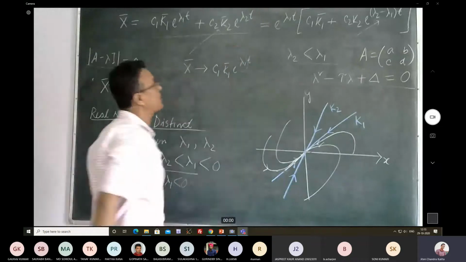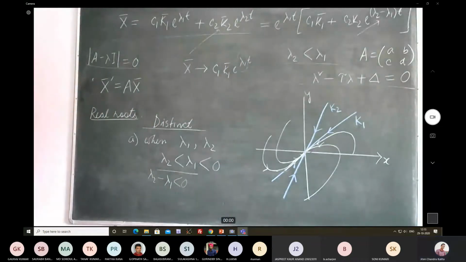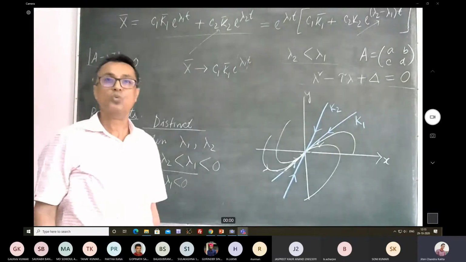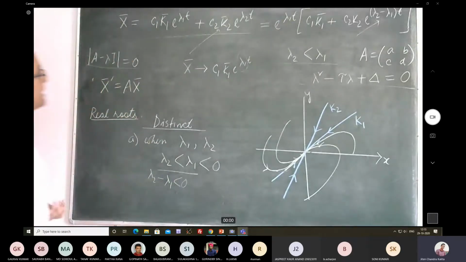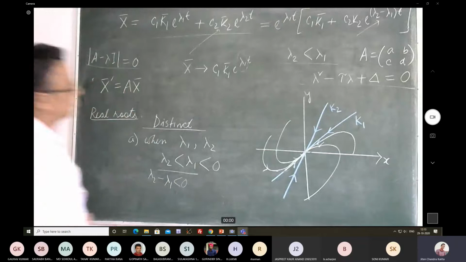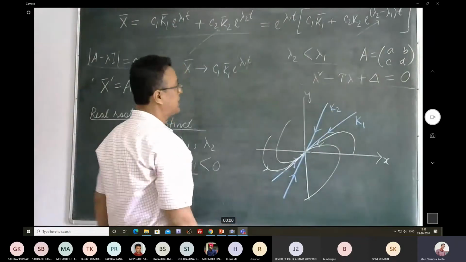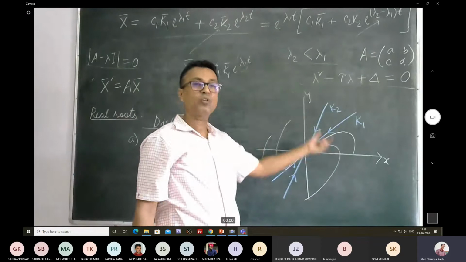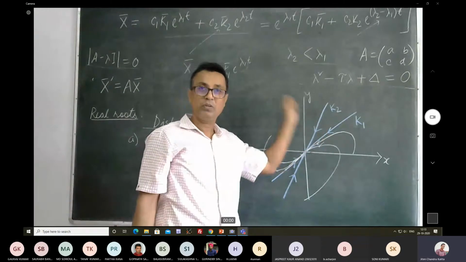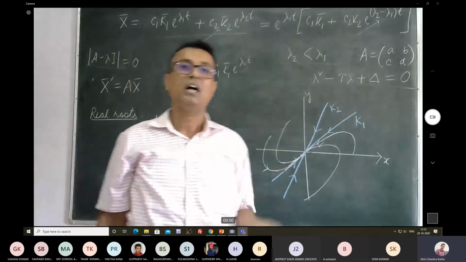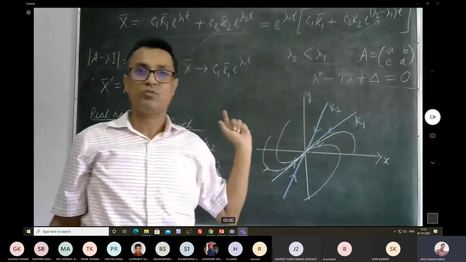So this bigger eigenvalue is going to dominate the solution. Okay, and yesterday I had already shown you how to draw these vectors, and again today I am going to take another example later on. So even if you haven't understood it clearly, it is going to be clear to you later on.